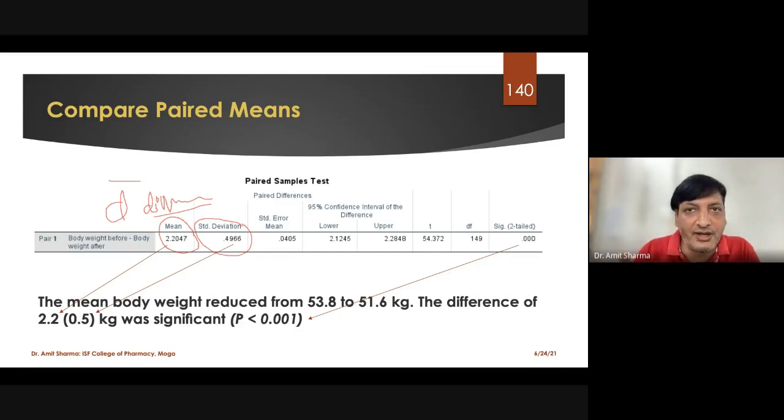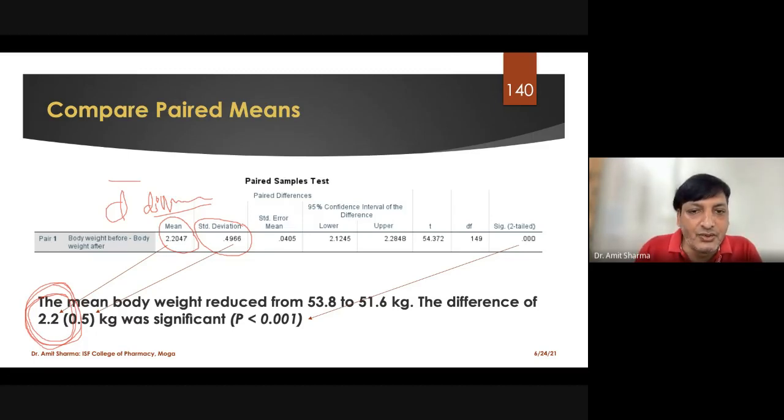If the owner of the gym wants to write a particular figure in the advertisement, he is going to write that you are going to lose at least 2.2 kg, and if not, he will give your money back. After applying the test, he has found that figure: if you join the program at my gym, you will lose at least this much weight, otherwise I will give your money back to you.